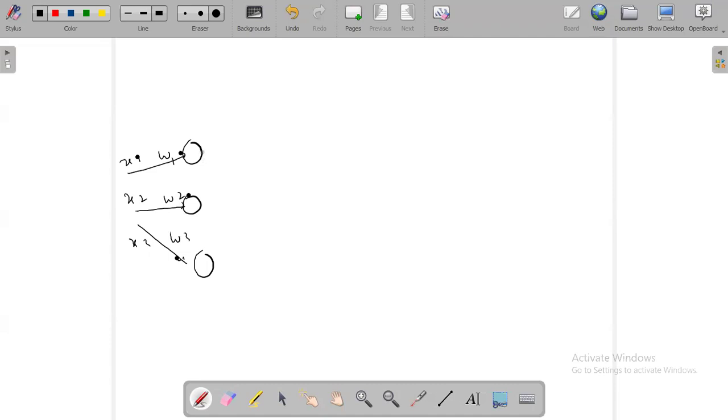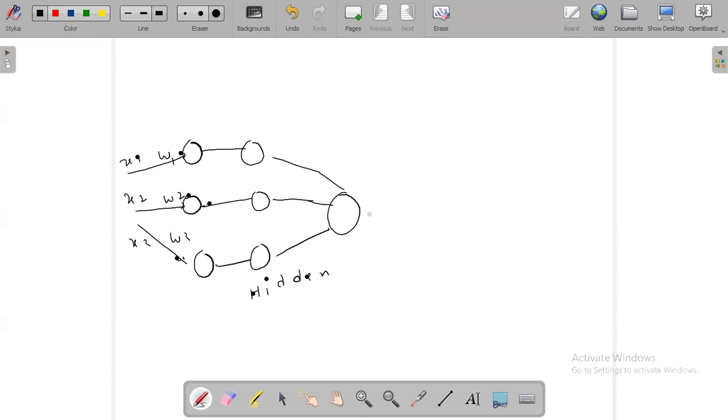Again, I'll draw one more layer, or you can draw a number of layers. These are your hidden layers. Finally, I'll generate one output layer.